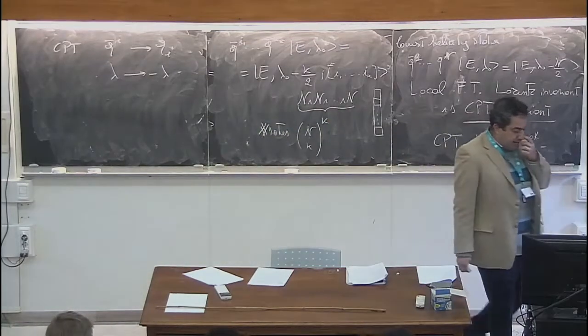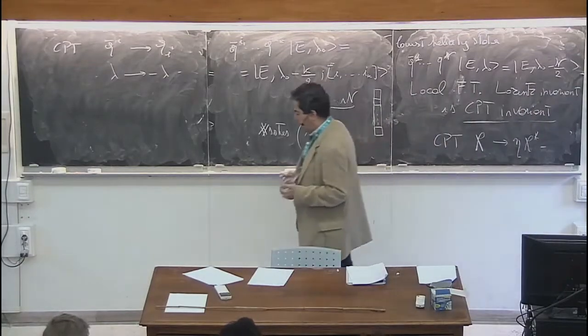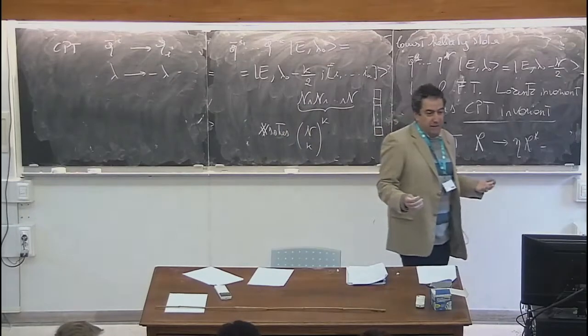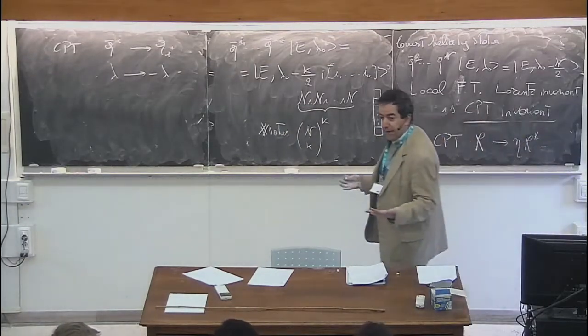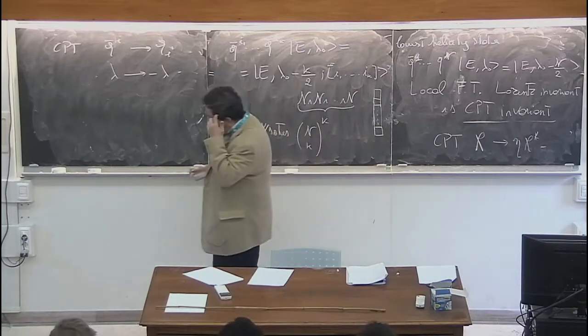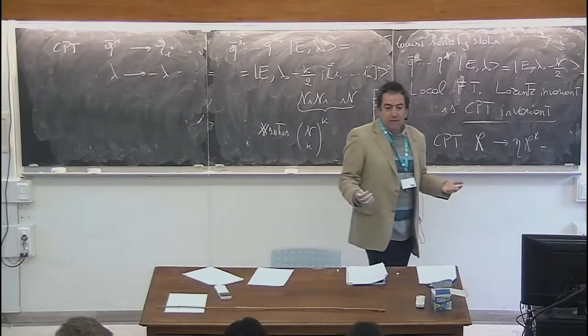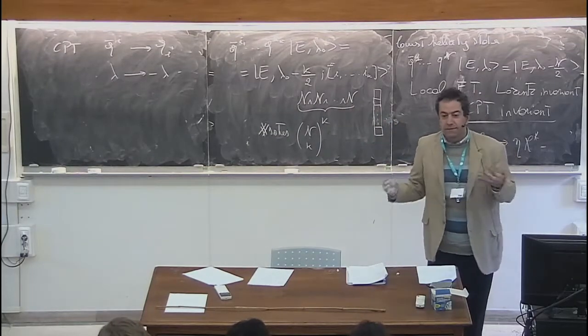Now, what does the CPT theorem imply in our analysis? First of all, since the theory has to be CPT invariant, an irreducible representation of a symmetry group has to be invariant with respect to CPT. This means that it has to contain CPT conjugate states.